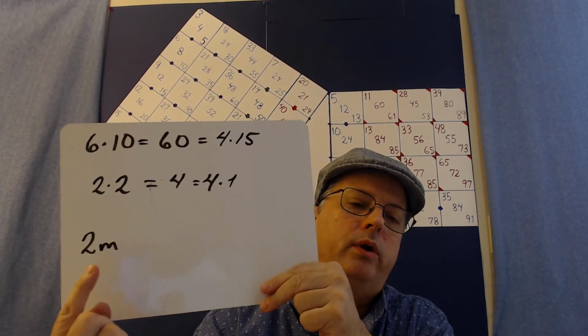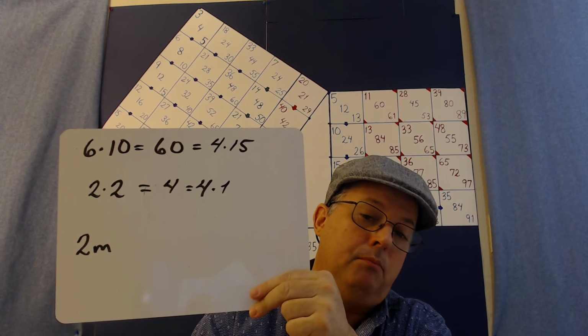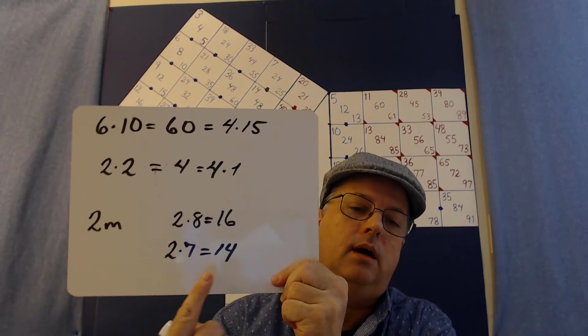So if we have 2m, this is always going to be an even number. Okay? It might not be a multiple of 4. For instance, if you have 2 times 8, that's 16, and that's a multiple of 4. But if you have 2 times 7, that's 14, and this is not a multiple of 4.